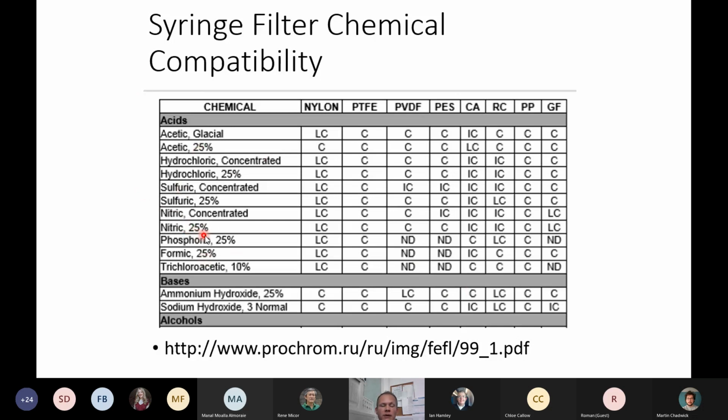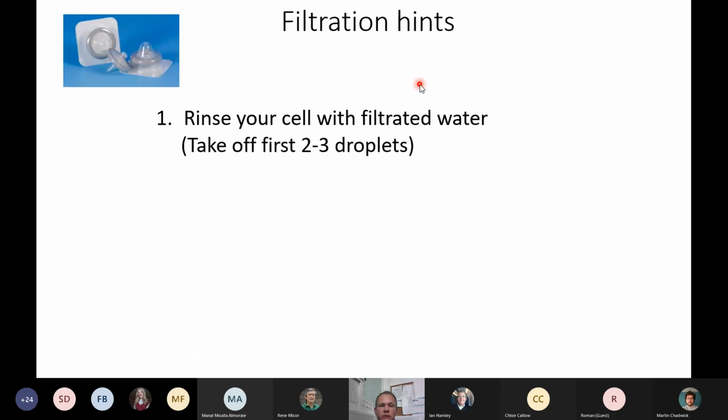If you're working with organic solvents, the chart will tell you if your particular filter, PTFE or PVDF, is robust against a particular solvent. But if you're working with aqueous solutions, I would recommend PVDF or PES filters. They are very nice, very hydrophilic filters.